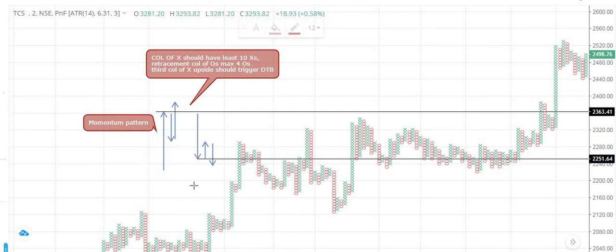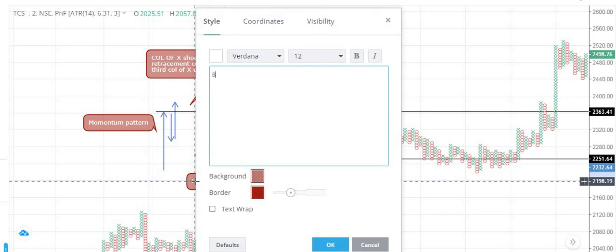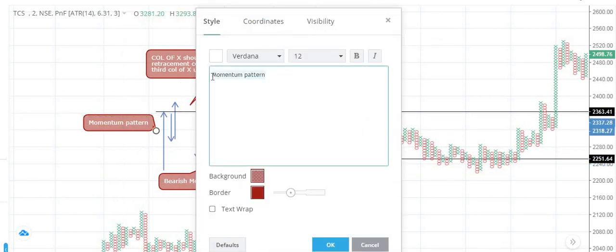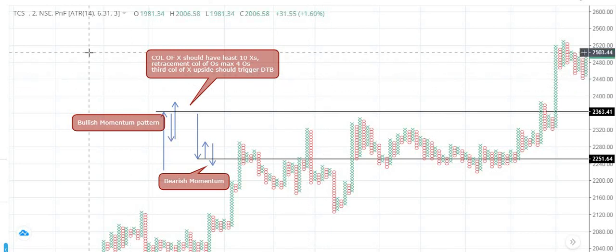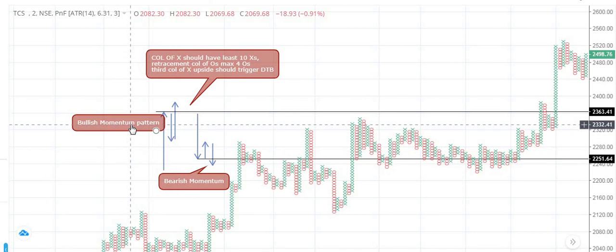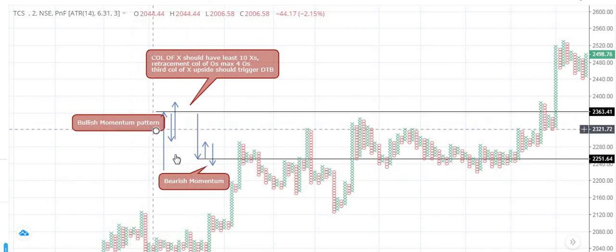What is it? Bearish momentum, right? Bullish momentum, right? So these are the two patterns, one pattern on either side, same.